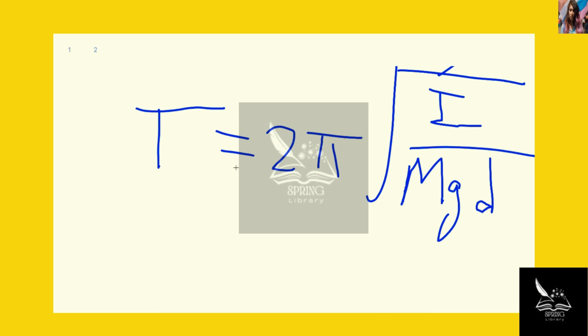So in this case, the end of the rod opposite the ball will be the center of mass. So we can go ahead and calculate A.